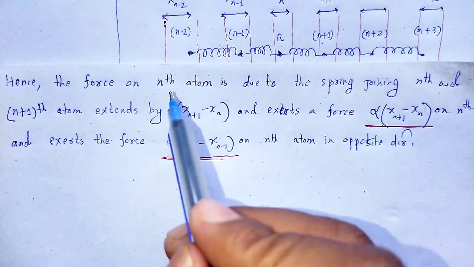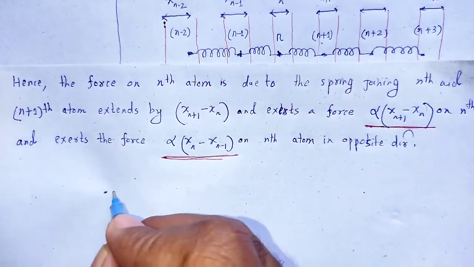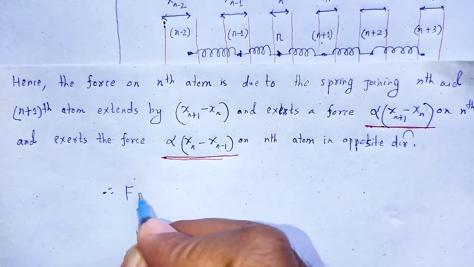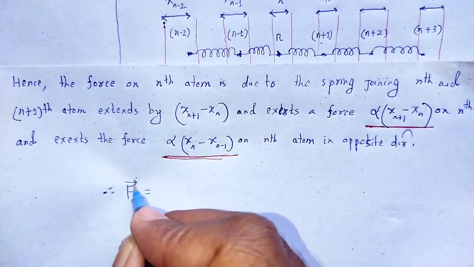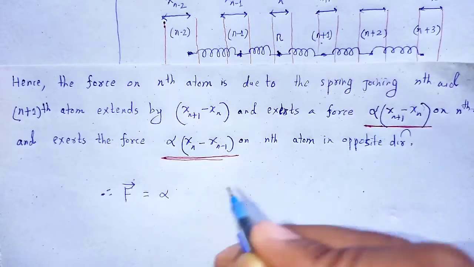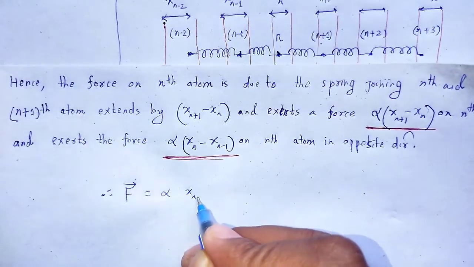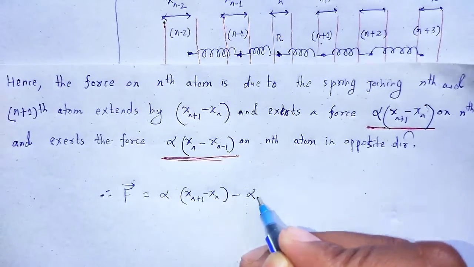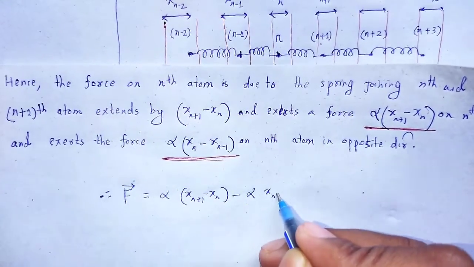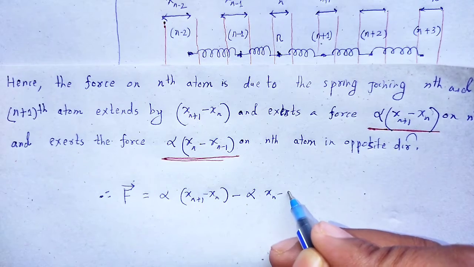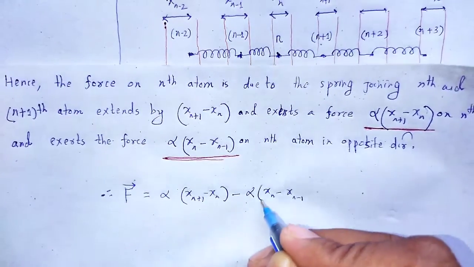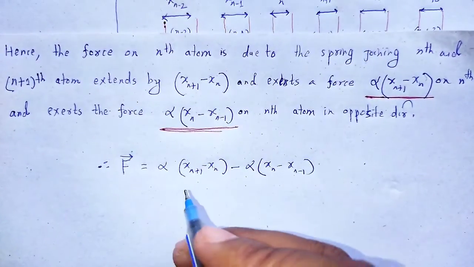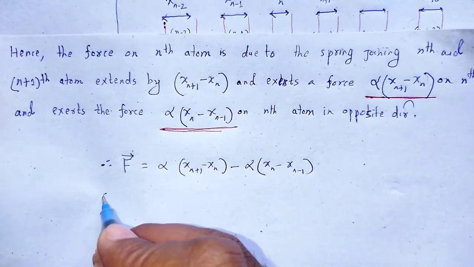Therefore, the net force F is equal to alpha into x n plus 1 minus x n, minus alpha into x n minus x n minus 1.